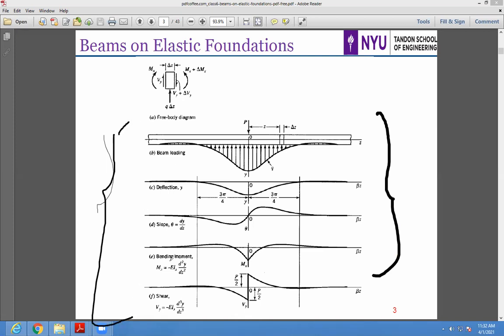That is deflection, slope, moment and shear as we were discussing last lecture, for this case, constant point load on the beam. So please draw this diagram.